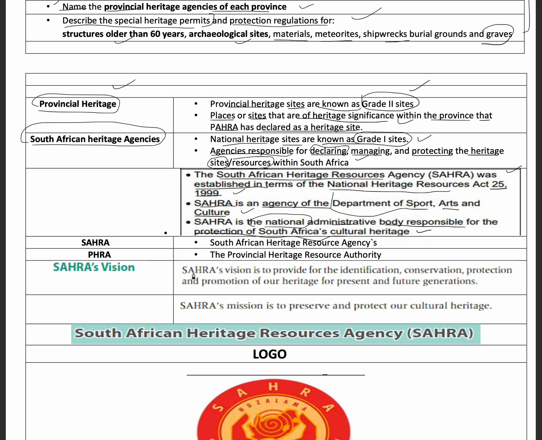Okay, so make sure that you know the abbreviation of it. What does it stand for? The S stands for South, the A stands for African, the H stands for Heritage, the R stands for Resource, and the A stands for Agency.